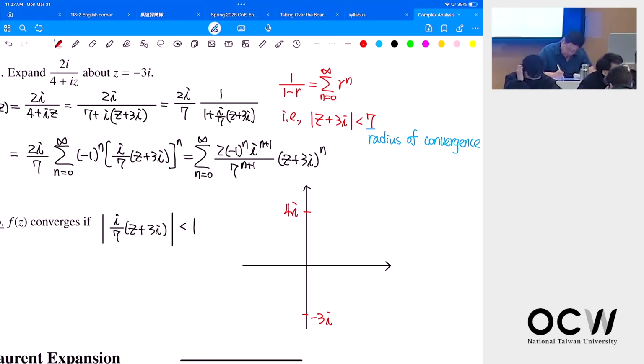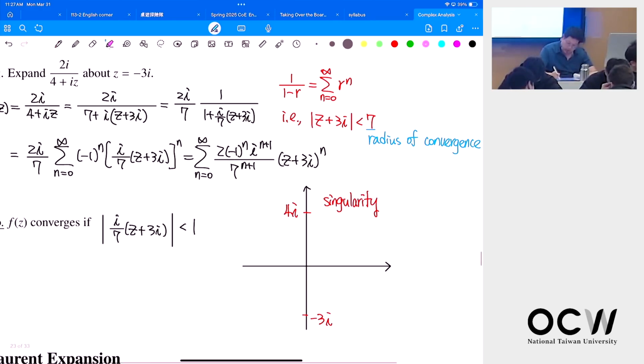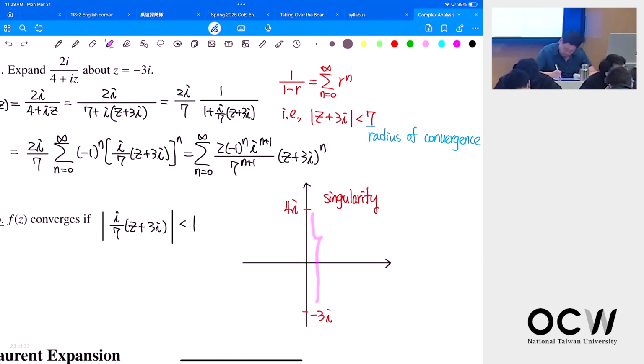Those are the singularity. And between here the radius is 7, and this function converges.